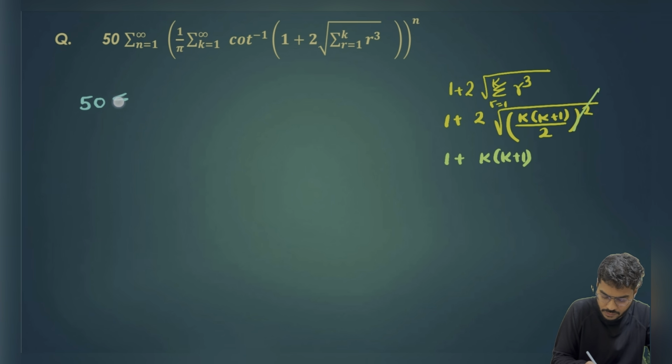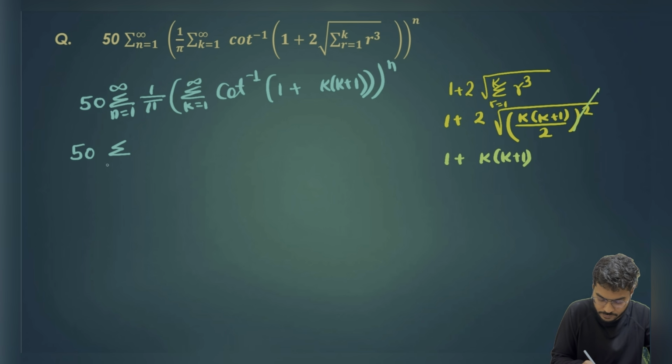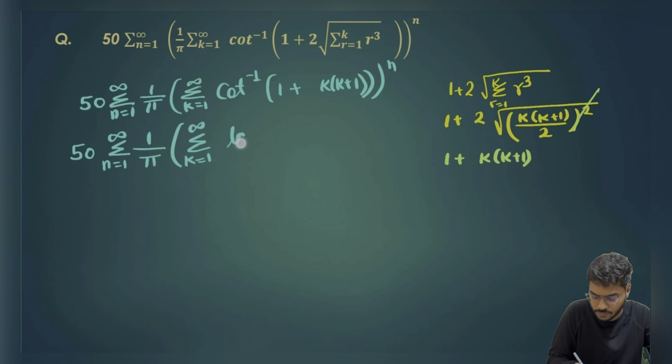So that value I will put here again. 50 times summation of n from 1 to infinity of 1 upon pi, summation of k equal to 1 to infinity cot inverse of 1 plus k into (k plus 1), whole power n. Again, can I convert cot inverse in terms of tan inverse? What is the answer?